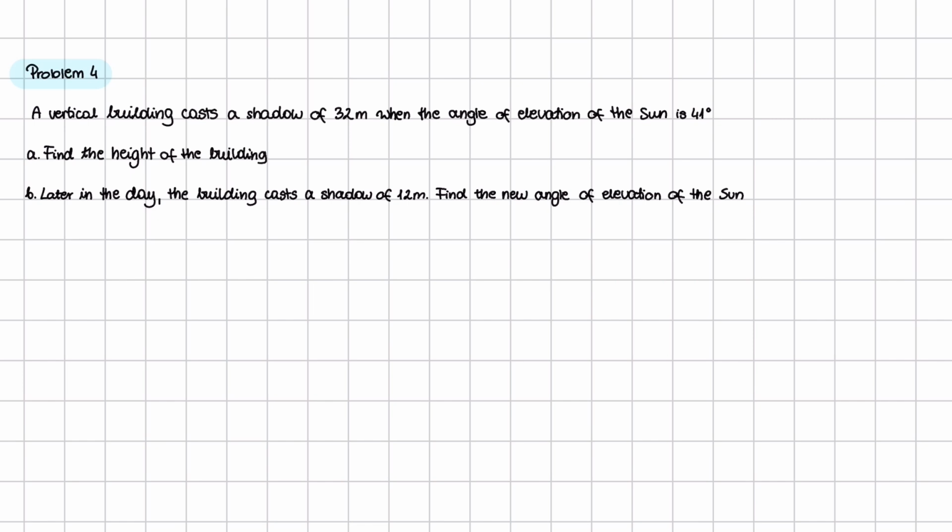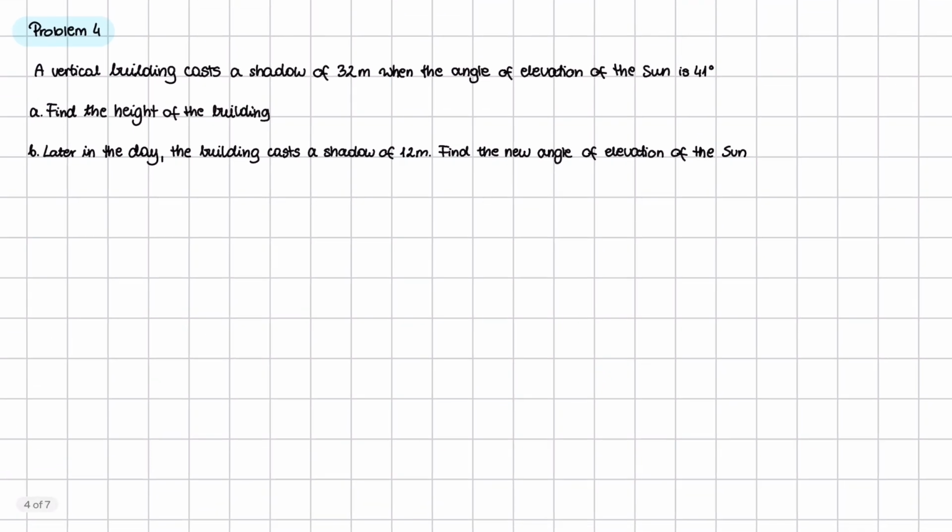A. Find the height of the building. So let's firstly draw our image. Here we have our building, let's suppose it's a building. Here we have ground, and here we have sun.